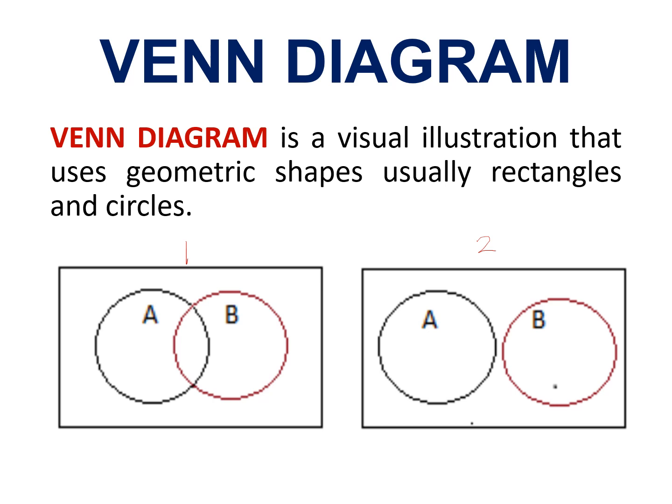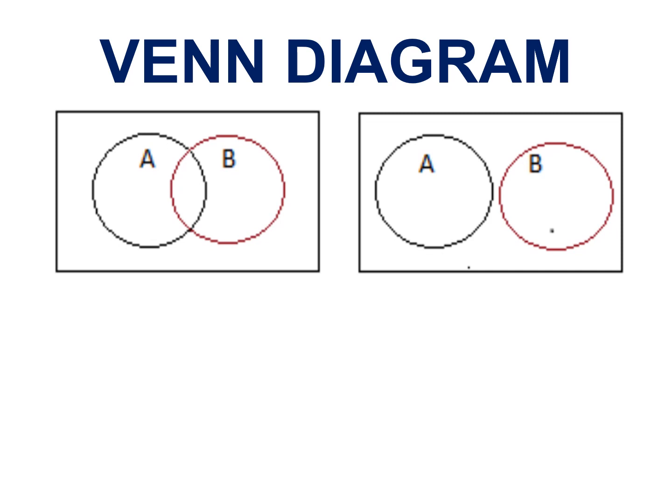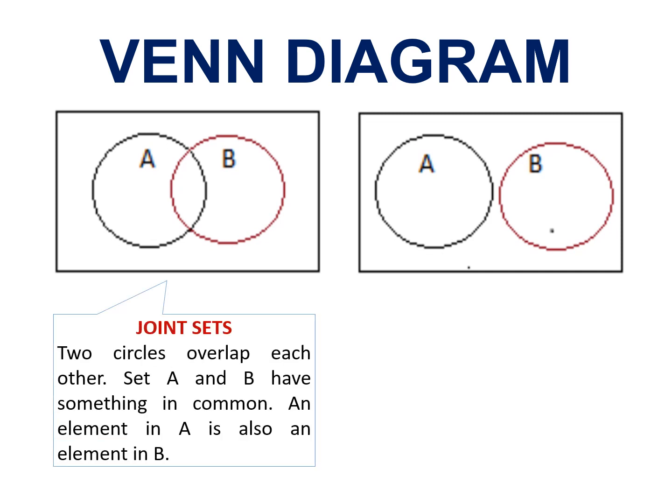What do we call those? For figure number 1, we call that joint sets. What are joint sets? These are two circles that overlap each other. Set A and B have something in common: an element in A is also an element in B. Now, let's consider figure 2.